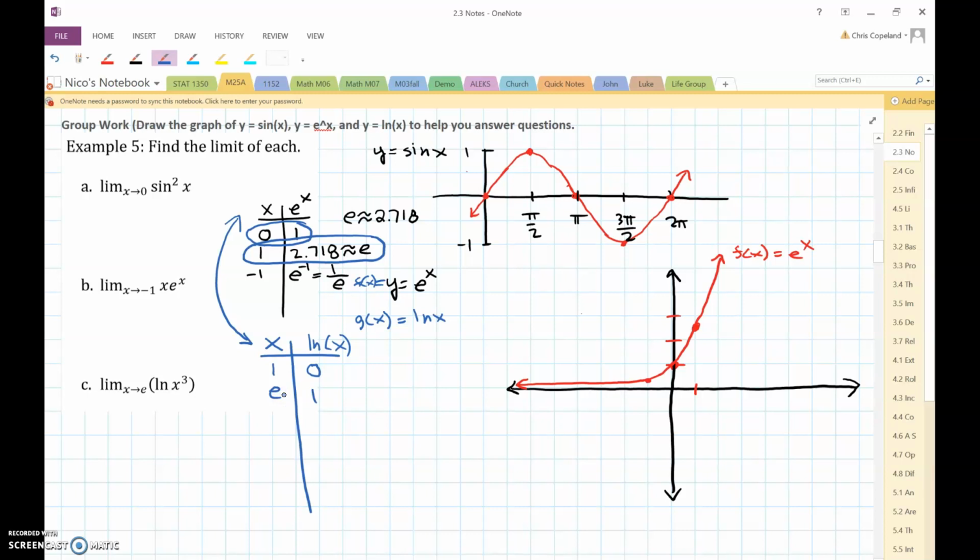So now let's graph these points. We've got a point at 1, 0, and we have another point at 2.718, 1. So this function is going to look like this.